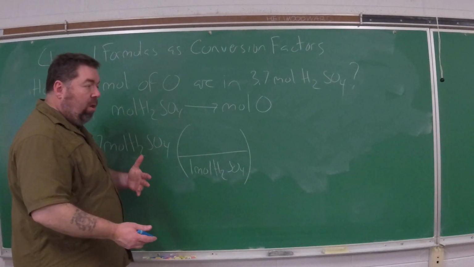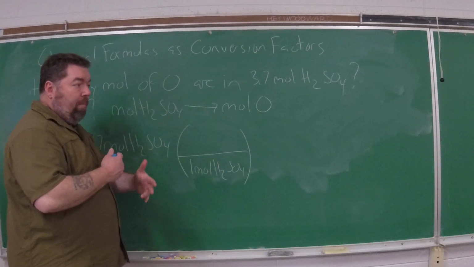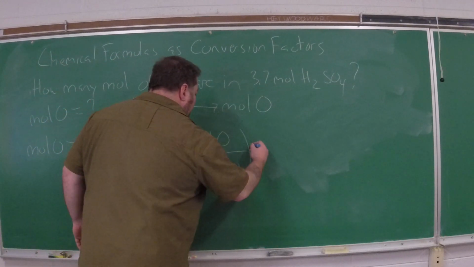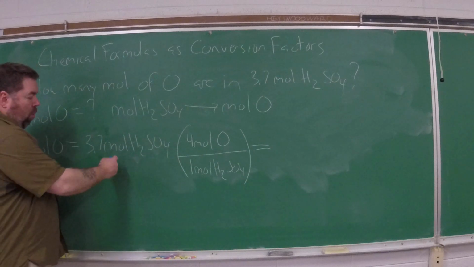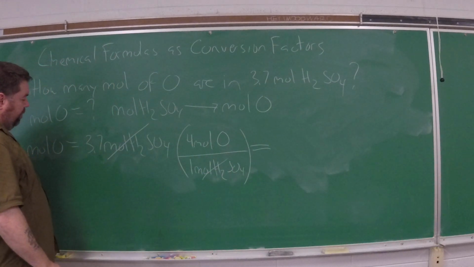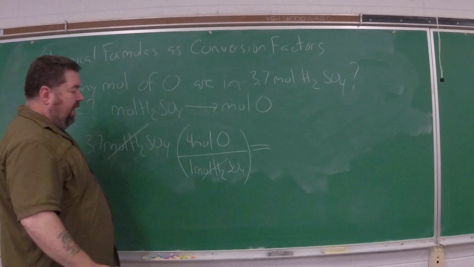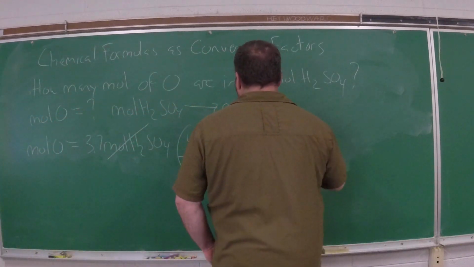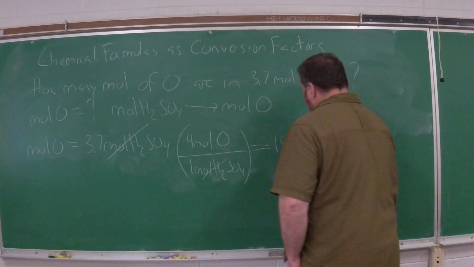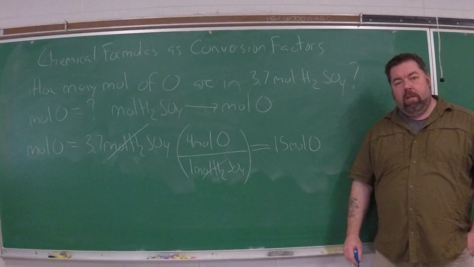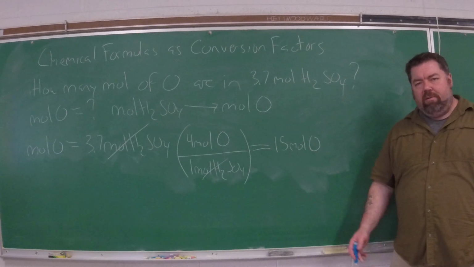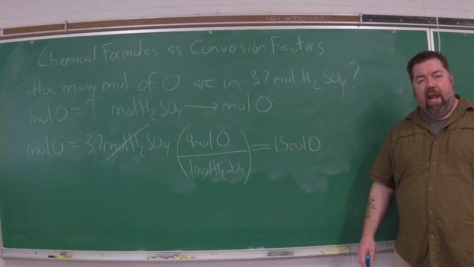So for every 1 mole of sulfuric acid, there's 4 moles of oxygen. Moles of sulfuric acid cancels. Do your math. That would be 14.8. But we only have 2 sig figs. So we end up with 15 moles of oxygen. Okay? So again, another conversion factor among the many we already have.